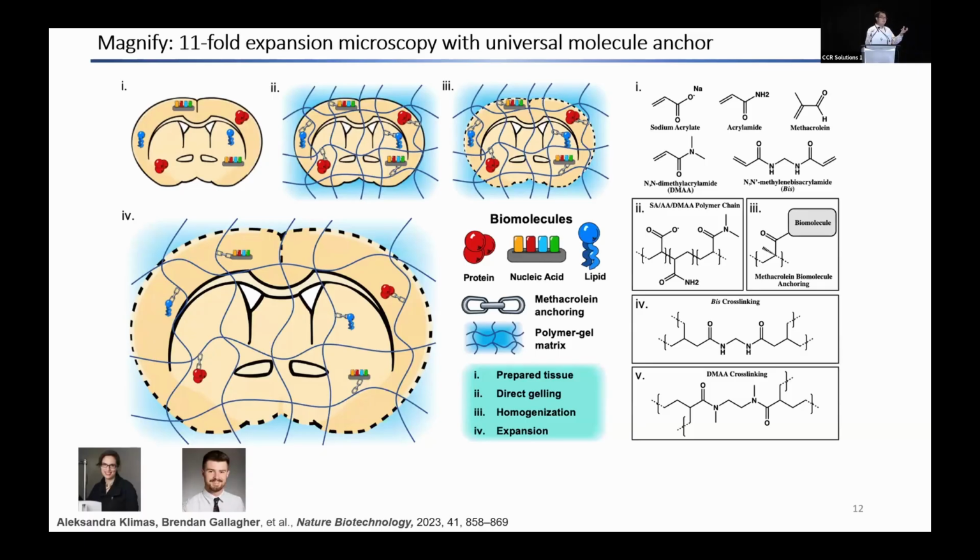And it's compatible with the monomer solution of the gelling solution. So you can mix all of them together and then put the tissue inside the gelling solution, and then the anchoring and gelling process will happen simultaneously. And after that, we also developed the heat degradation approach to keep all the biomolecules in the hydrogel, and then we will expand 11 times.